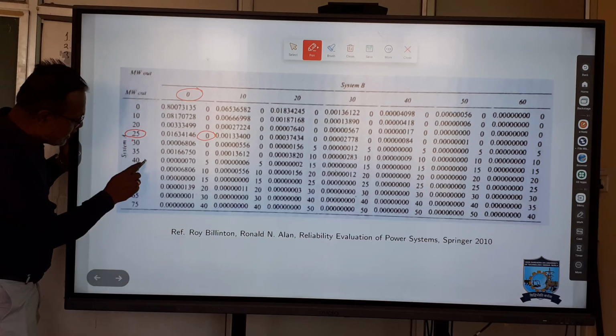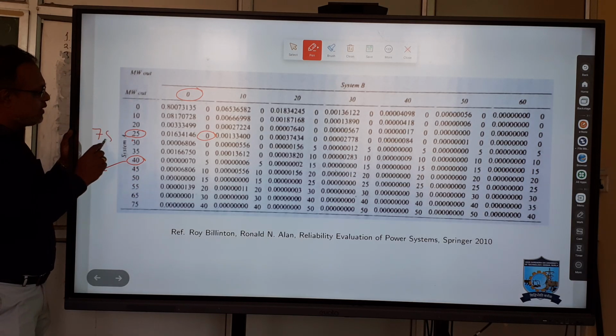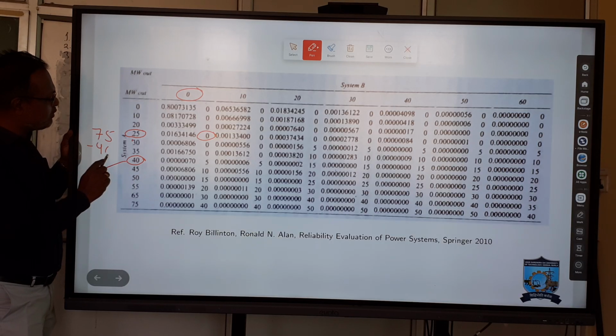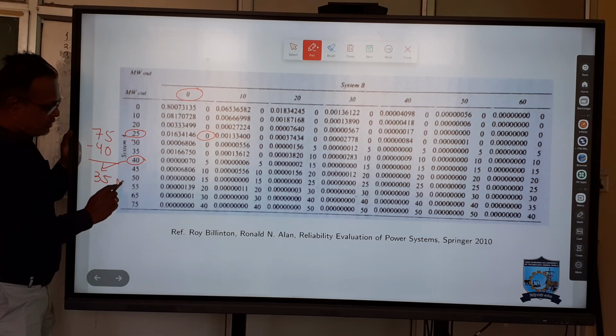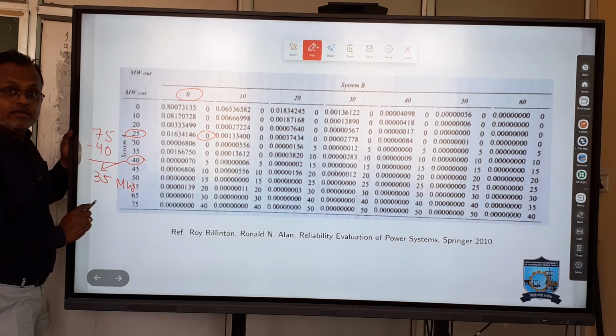But if you see here, if there is a 40 megawatt outage, if capacity was 75, and there is a 40 megawatt outage, what is the available capacity? 35 megawatt. What is the load? Load is 50 megawatt.